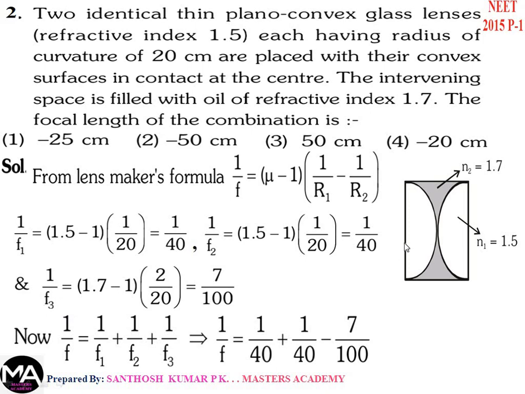Here f3 is a concave lens, so you have to take negative. So 1 by f is equal to 1 by 40 plus 1 by 40 minus 7 by 100. On calculating, we get f is equal to minus 50 cm. Therefore, the answer is option second, minus 50 cm.